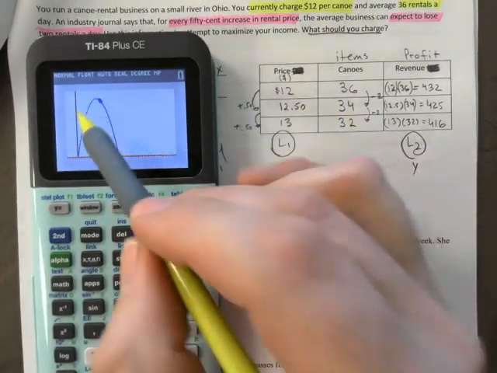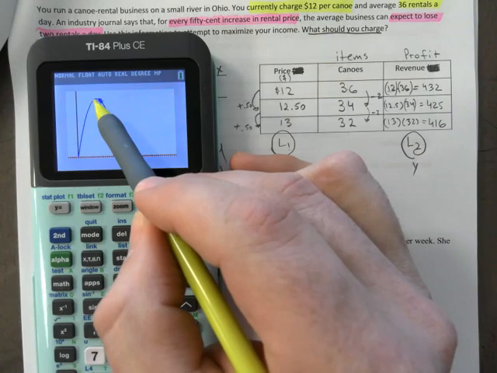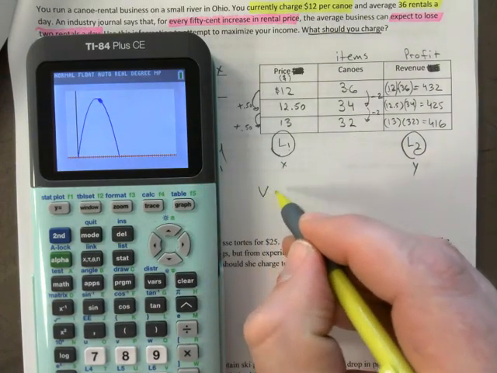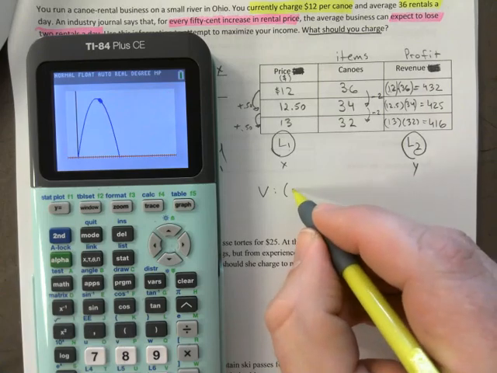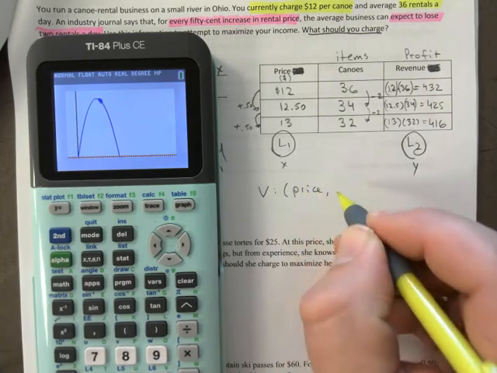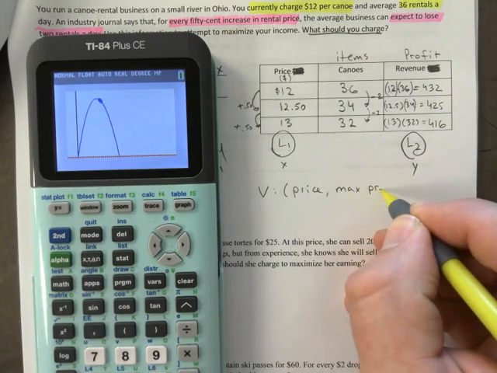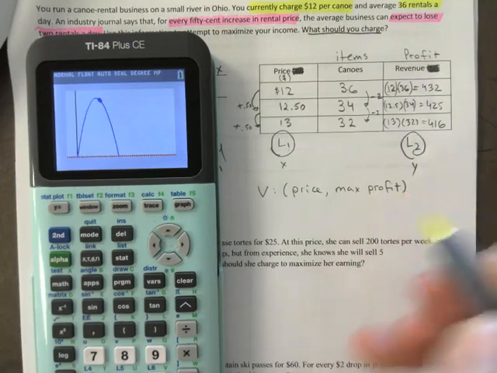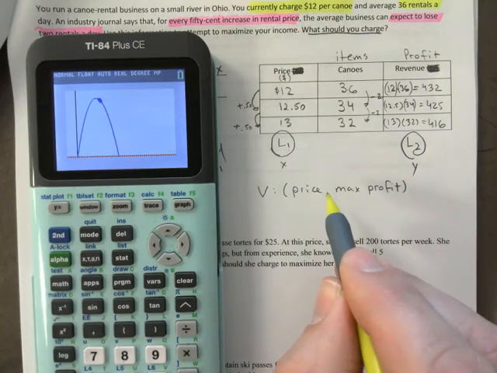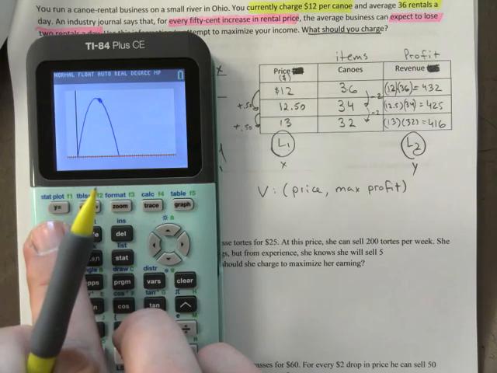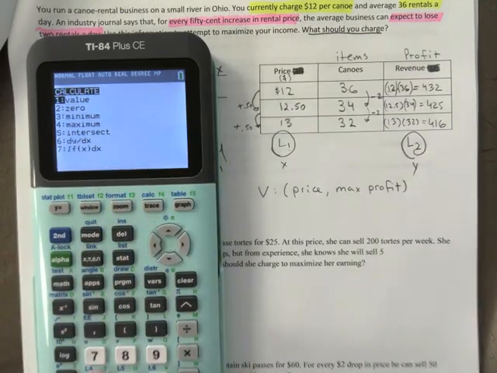What would the vertex tell us, guys, in this scenario? The vertex would be the price you should charge to maximize your profit. That's what the vertex would tell you in this particular instance. So let's do that. Second trace max.